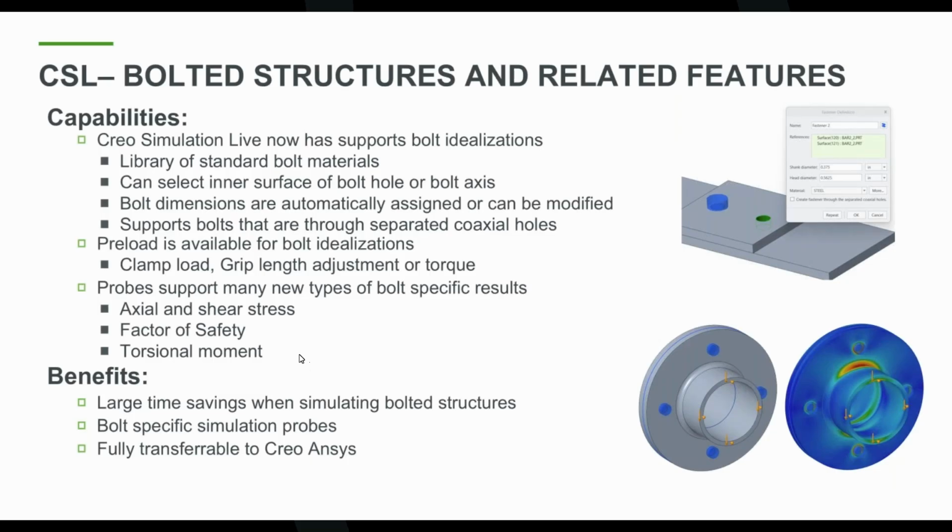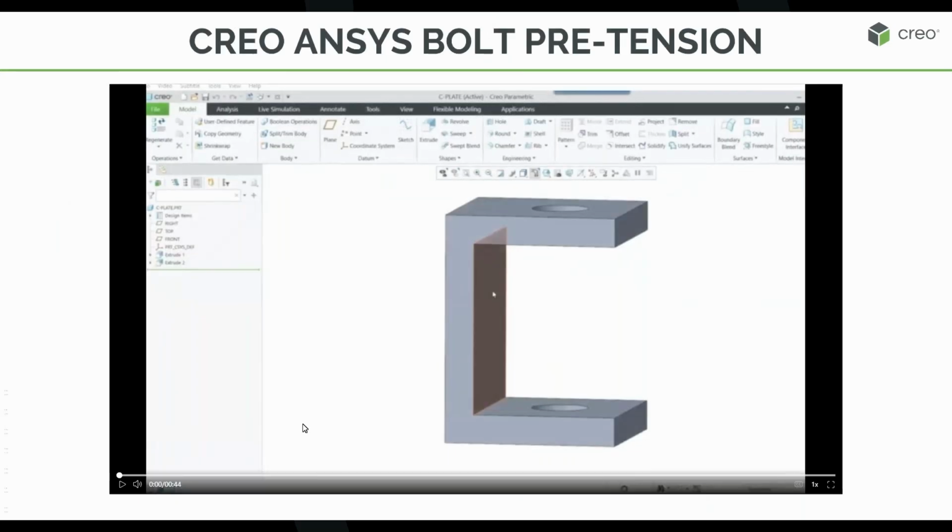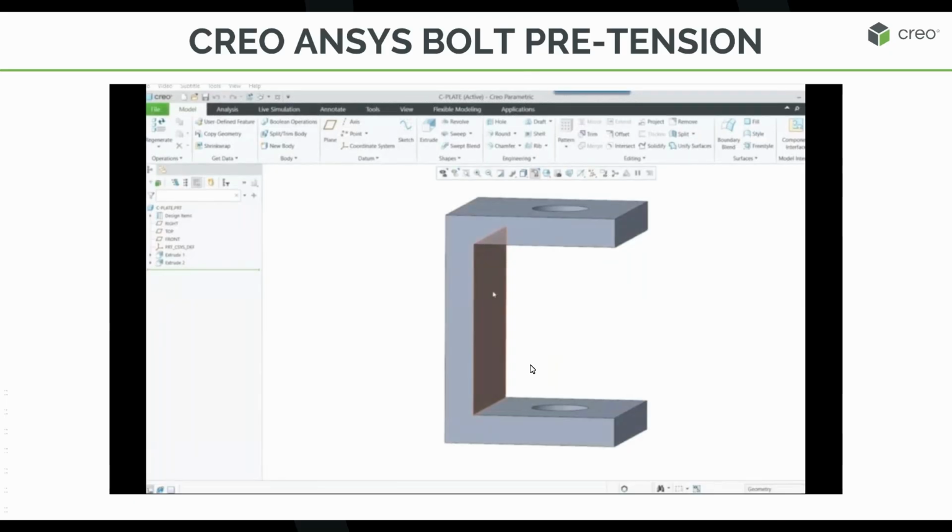And again, you can probe many support types with the bolt-specific results, so axial and shear stress, factor of safety, and torsional moments you can get from that. Now here I've got a short video. Here we just added a bolt in. We gave it a predefined bolt stress.